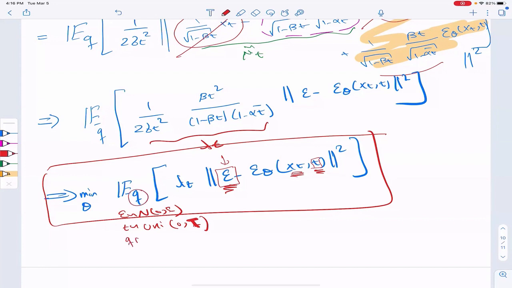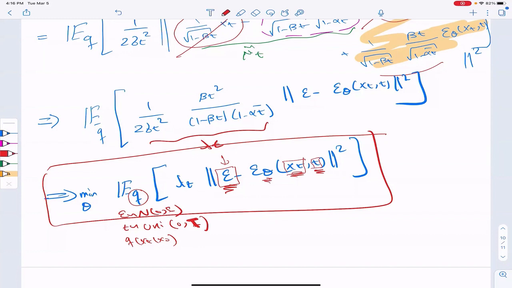You get q of xt given x0. You add noise to x0 to get xt, so you have a noisy version. And you solve this optimization. You learn theta, that is your parameter vector for your reverse process.